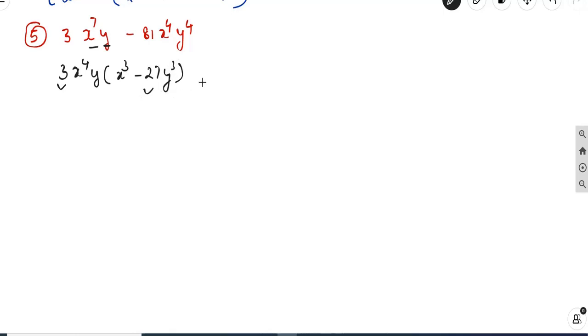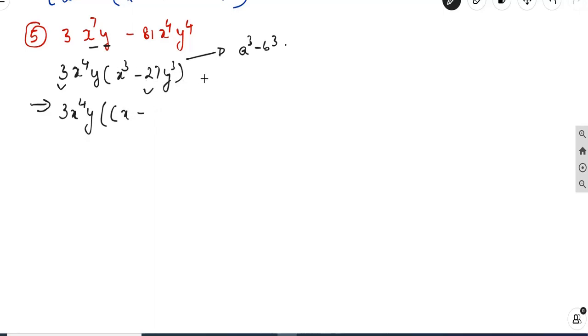Now this is in the form of a cube minus b cube. We'll apply the identity and then solve it. The common we have removed is 3x to the power of 4 y. If you want, you can write one more step here.